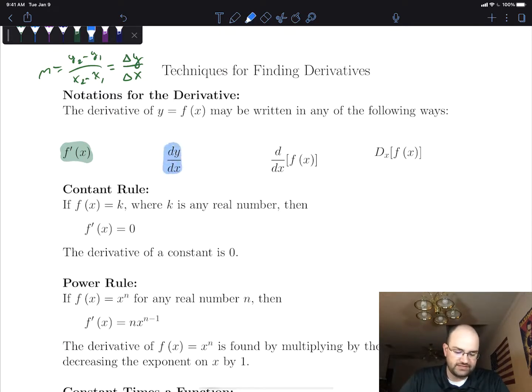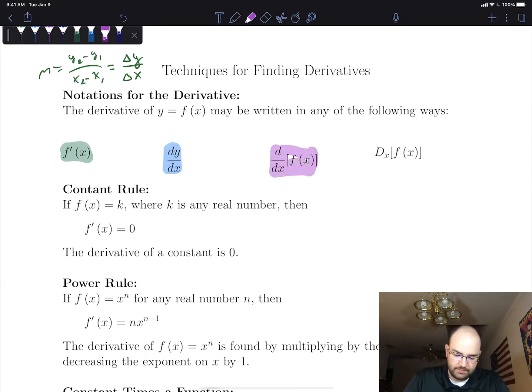So f prime of x is the same thing as dy over dx, meaning the derivative of y with respect to x. Now here's the thing. This y can kind of go out front, and that puts the y in parentheses, and y is just f of x, so we replace the y with f of x, and that gives us d by dx of f of x.